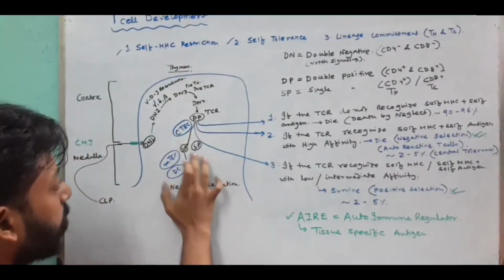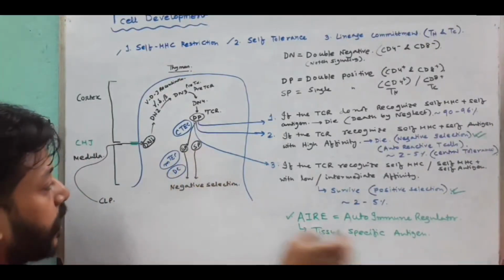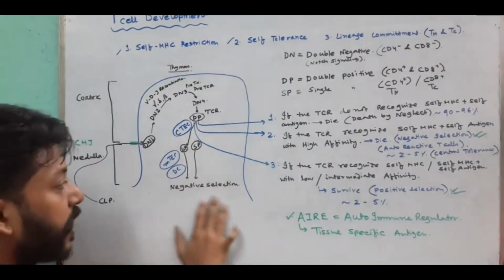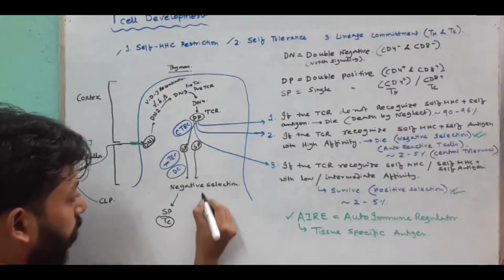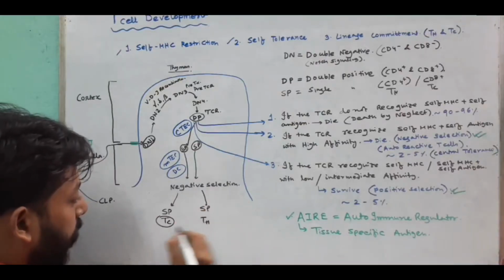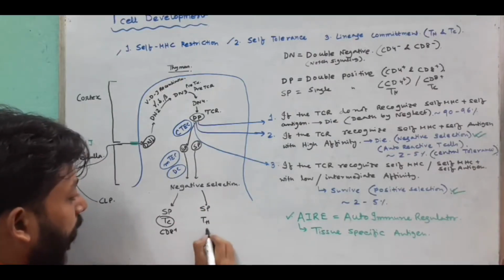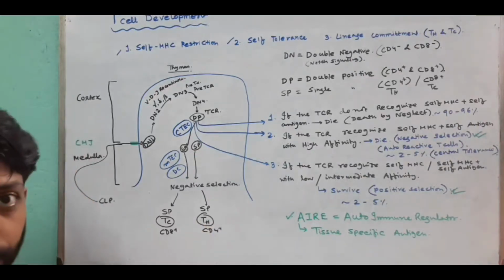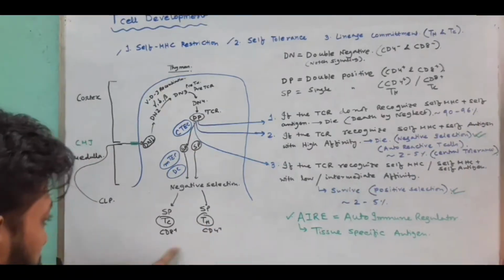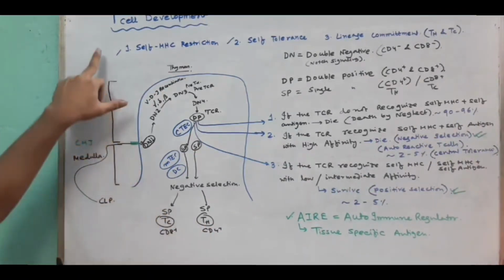Those cells that recognize tissue specific antigen with high affinity are negatively selected. Only single positive cells, T helper cells and cytotoxic T cells, that is CD4 positive and CD8 positive cells, come out if they are not self-reactive. These cells are maintaining these three terms and conditions.